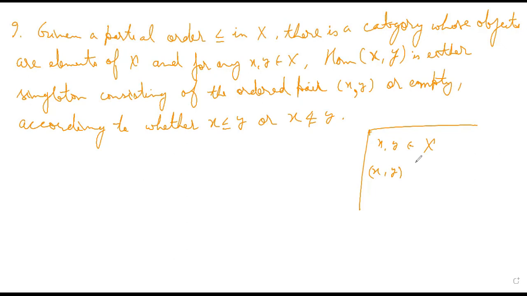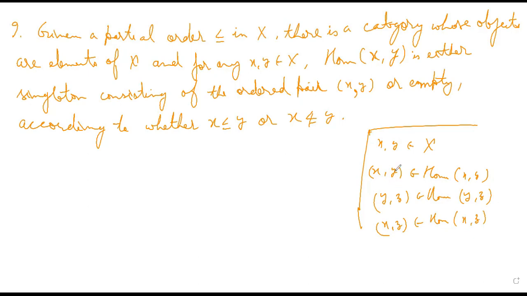How do we define composition? If (x,y) is in Hom(x,y) and (y,z) is in Hom(y,z), then the composition of these will be (x,z), and it will be in Hom(x,z). Why?